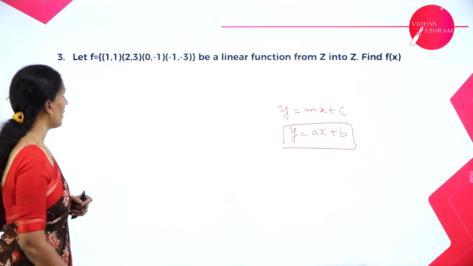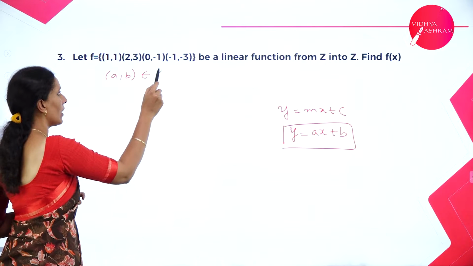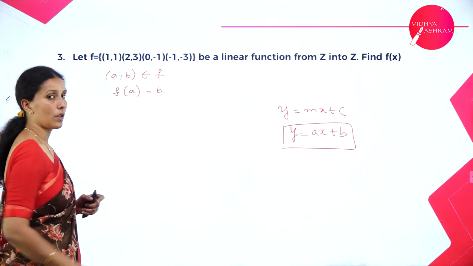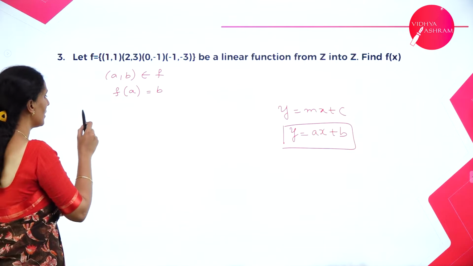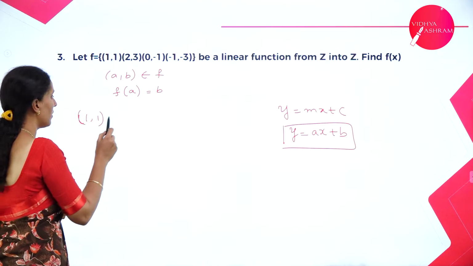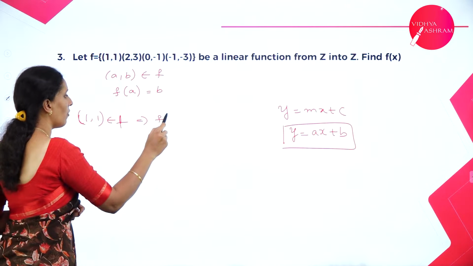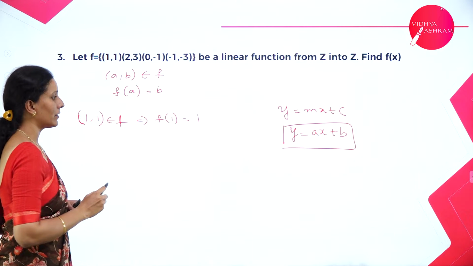The values are given. We know that if (a, b) belongs to any function, then we can write f of a is equal to b. So similarly here, (1, 1) belongs to f can be written as f of 1 is equal to 1. And we have (2, 3) here.